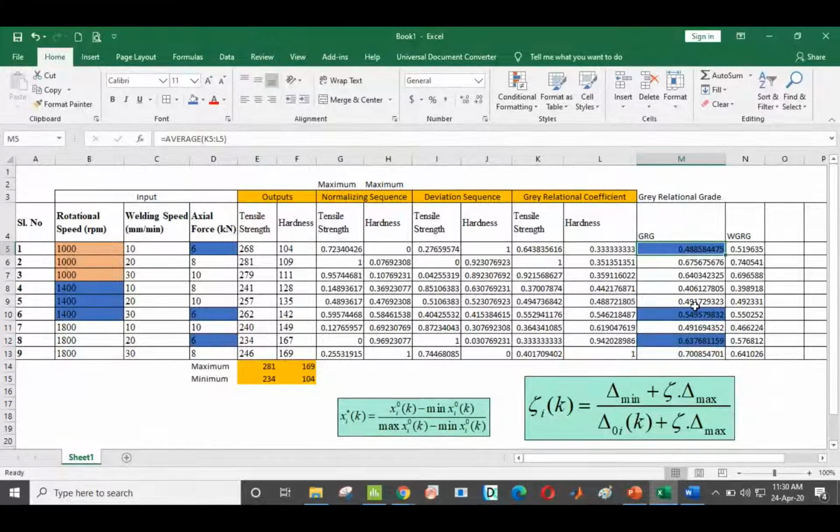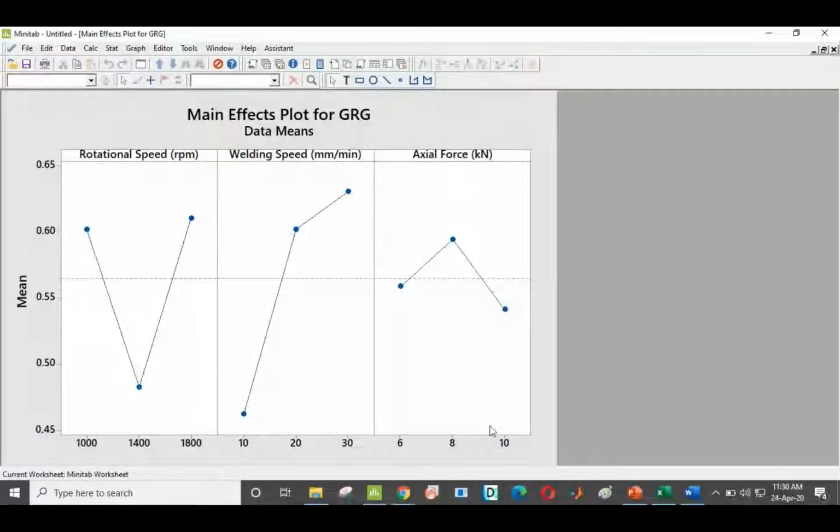Now just press your control button and select the 3 cells. Here you can see the average 0.558. So in axial force, first level is 0.558.